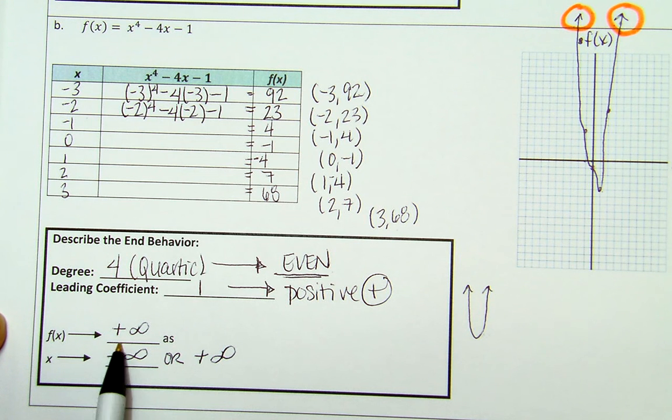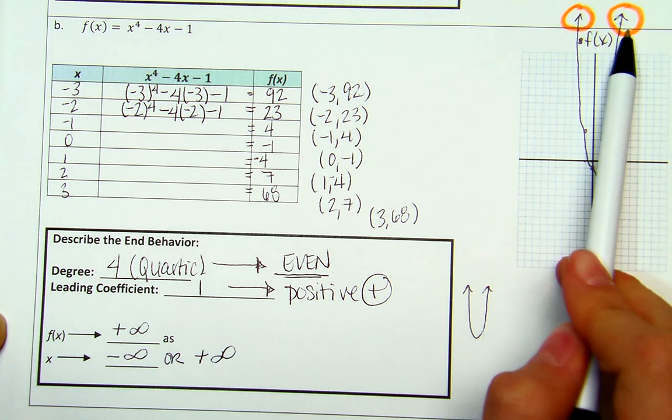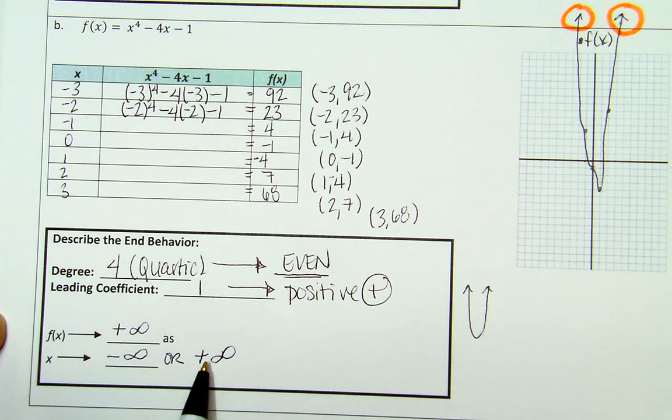So f of x only has one option, and it's positive infinity, where for x I have two different arrows, in both the negative infinity region and the positive infinity region. So those arrows are going to grow in that direction over time.